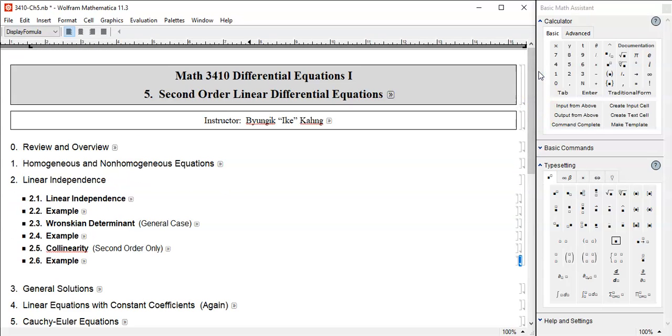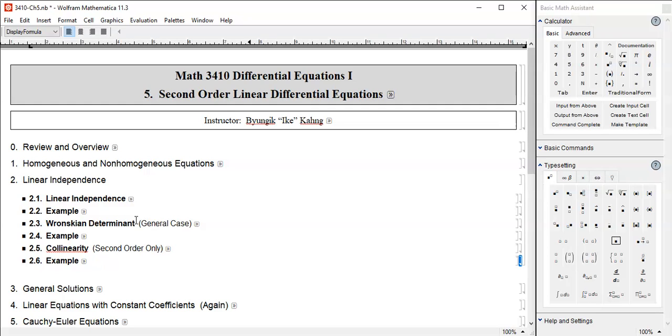And I can understand their reasoning, yes, because Wronskian determinant is necessary for higher order differential equations, and also Wronskian determinant itself is an important topic in differential equations. So yes, I can understand that.